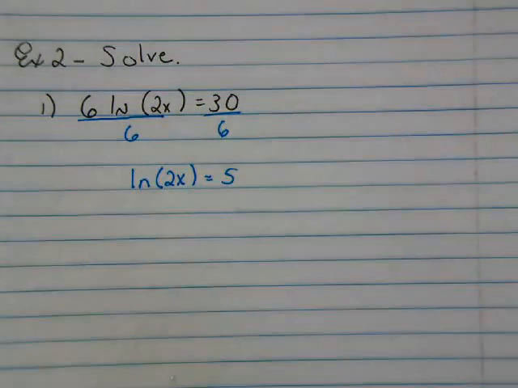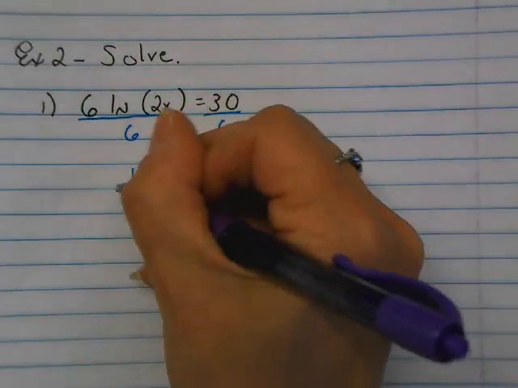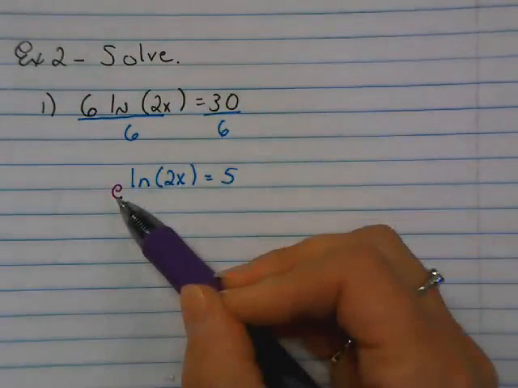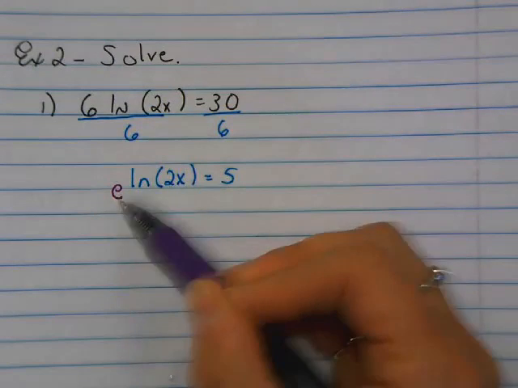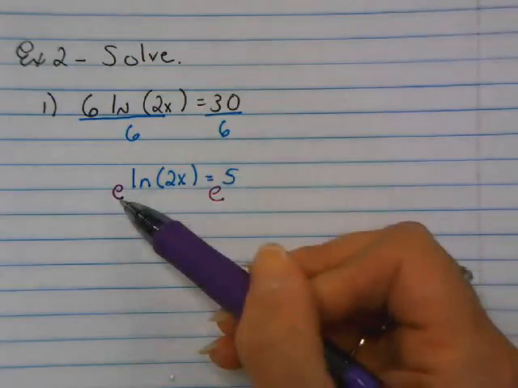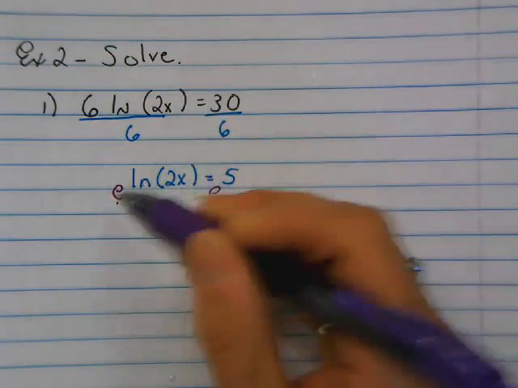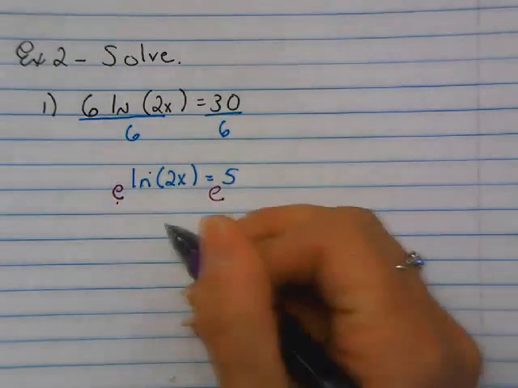Now here's where it's going to look a little wacky. I like to put my e's a little below because remember, an e is a base, this is its power. Now what happens to the natural base of the natural log? They are out of here and I get 2x equals e to the 5th power.